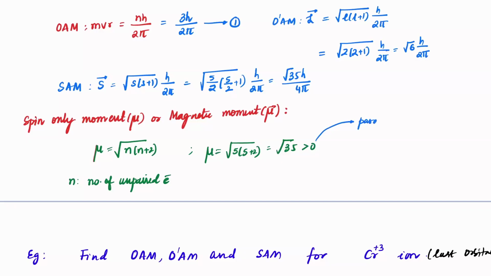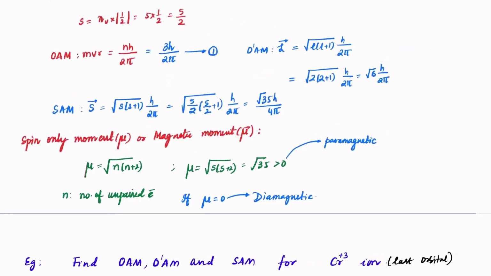So if it is greater than 0, it is a paramagnetic species. If mu in some case is 0, then that will become diamagnetic. We are measuring the number of unpaired electrons only, but with a factor of moment.